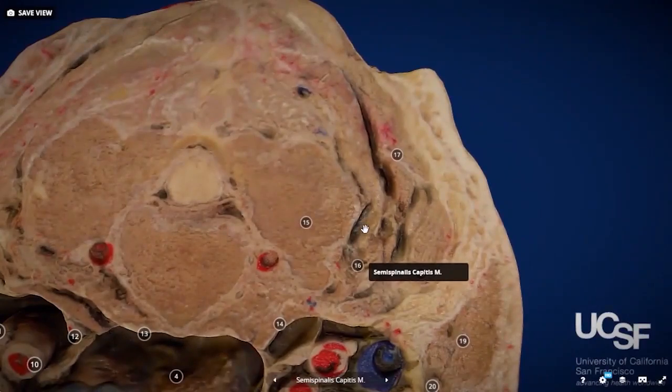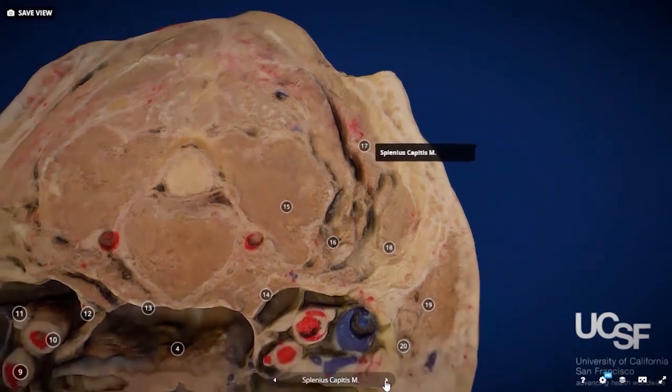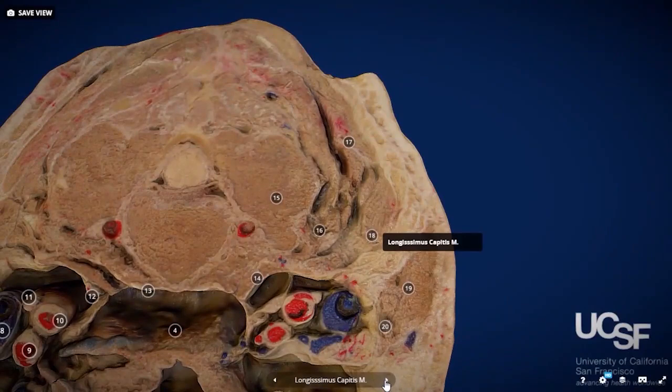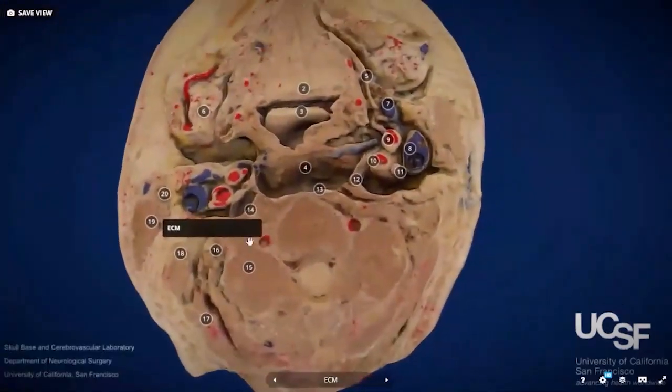One of the muscles that we explored before, during the musculature associated with the spine, is the semispinalis capitis, which we mentioned lies at a deep layer, the splenius capitis muscle, and the longissimus capitis muscle, which lies more superficially.